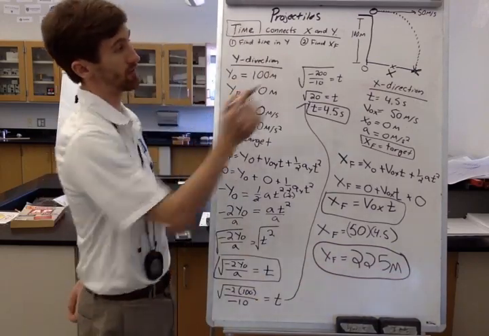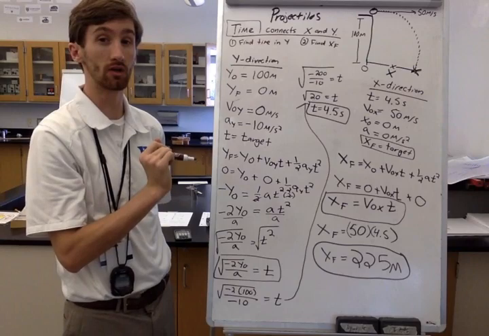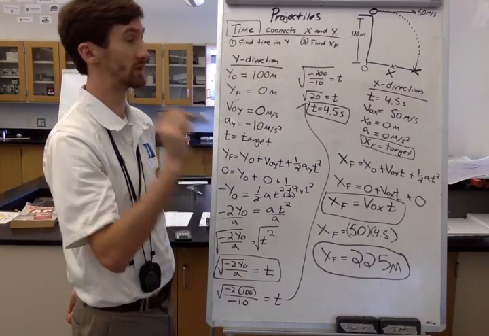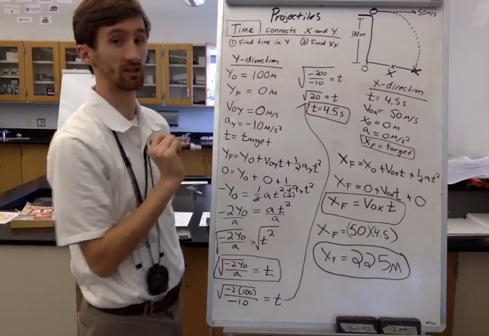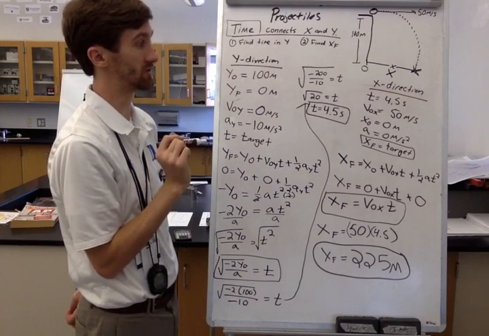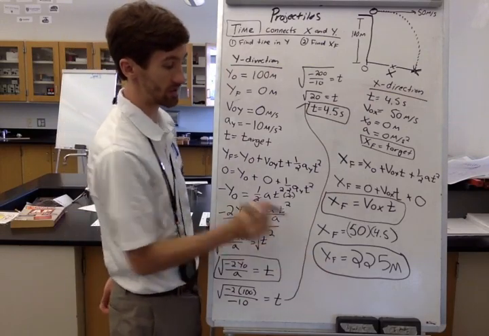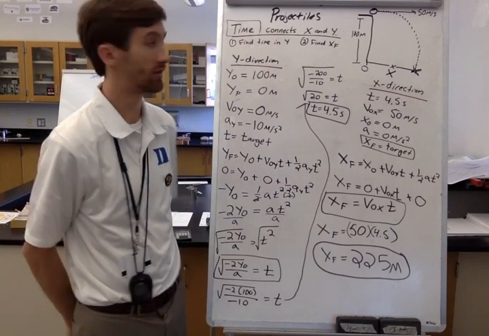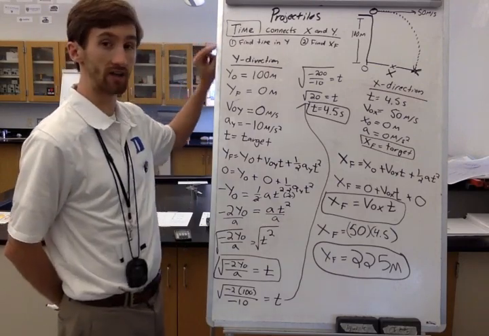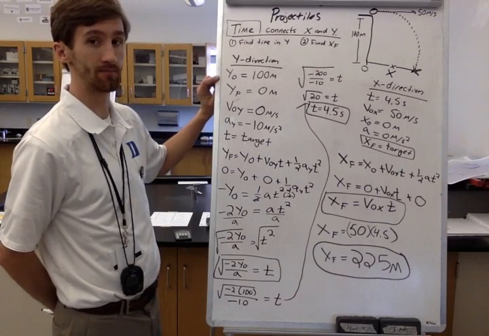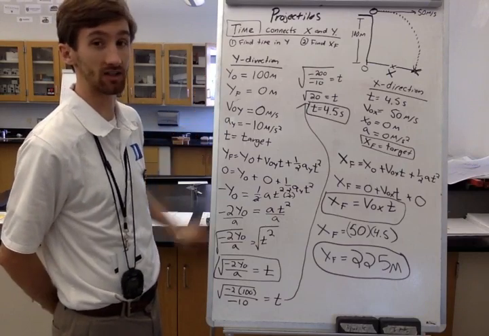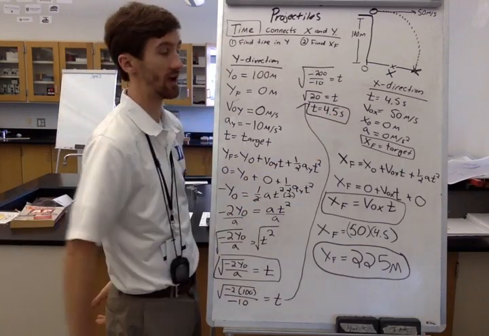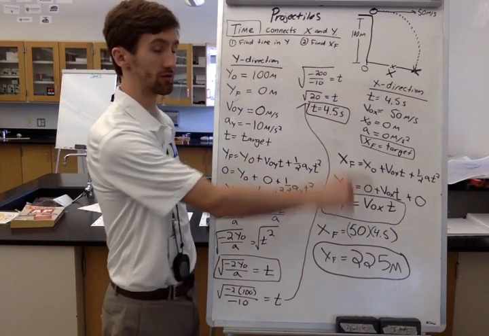So, if we have a ball at the top of a 100-meter tall cliff, and we give that ball some velocity in the x direction of 50 meters per second, it's going to land 225 meters from the base of the cliff. We used the y direction to find time, and that time is connected to the x direction, and then we used that time to find the final position.